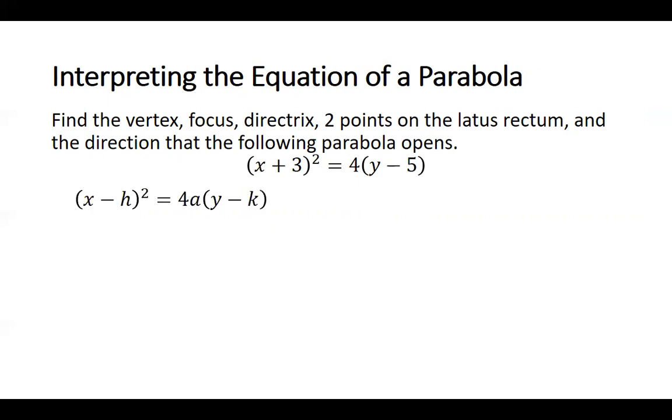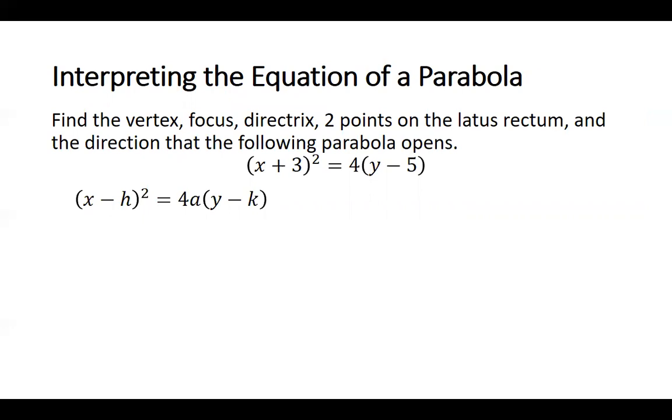So that's going to put us into the form x minus h squared is equal to 4a times y minus k. You can also just look at this equation and say, okay, I've got x plus or minus some value squared is equal to 4 times some value times y plus or minus some value. That puts us into this form, x minus h squared is equal to 4a times y minus k.